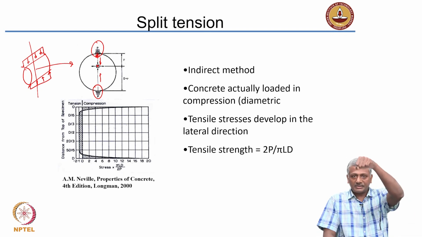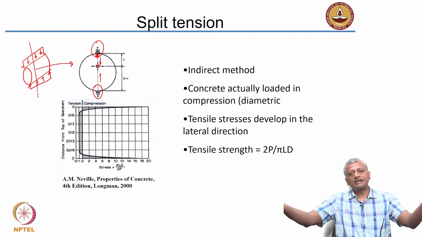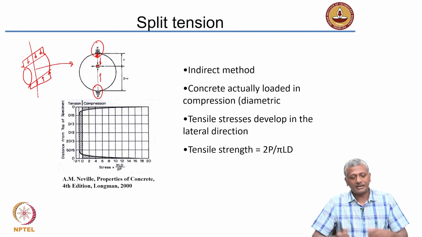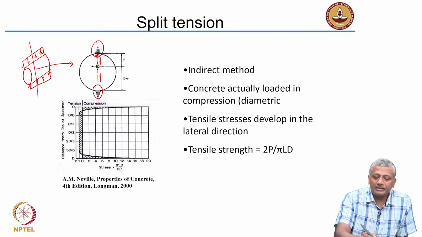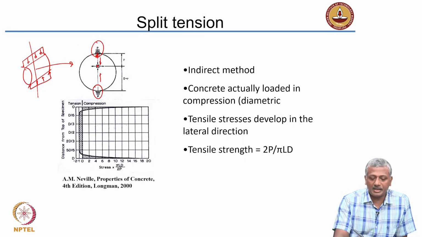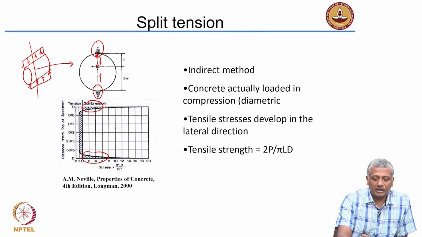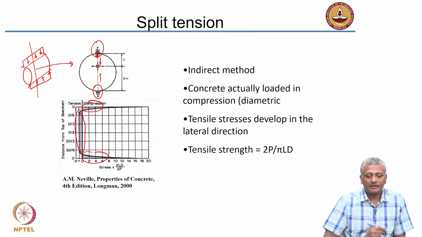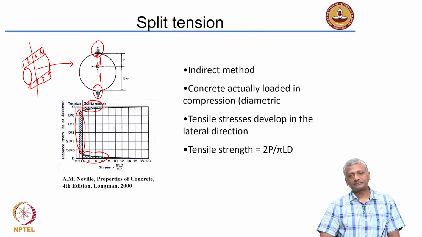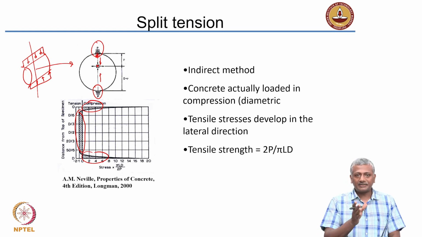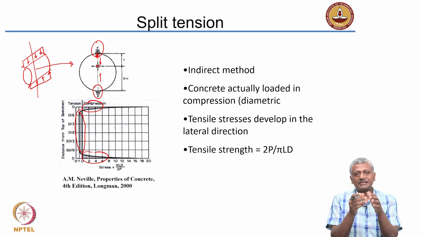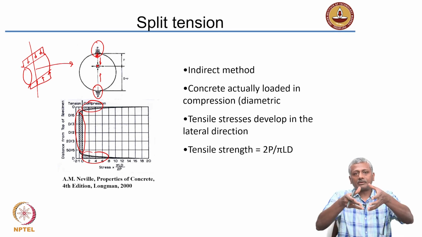Because when you are crushing in this direction, it will start splitting in that direction, or tensile load will be in that direction. So, if you take the stress distribution across the diameter, you will see that the top where the load is being applied is in compression, but a large portion of the cylinder is actually under tension along the diameter.